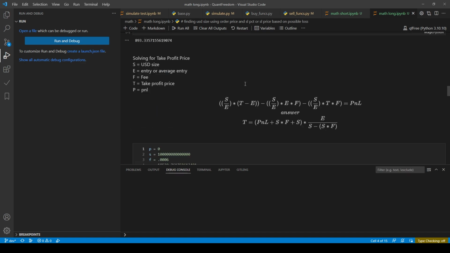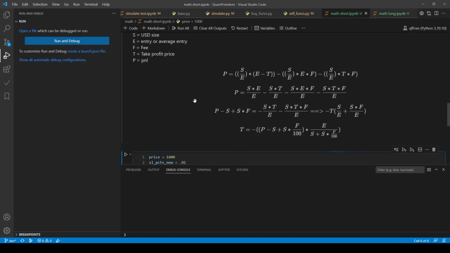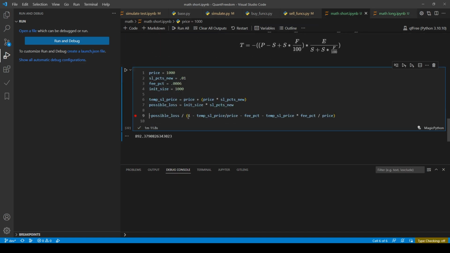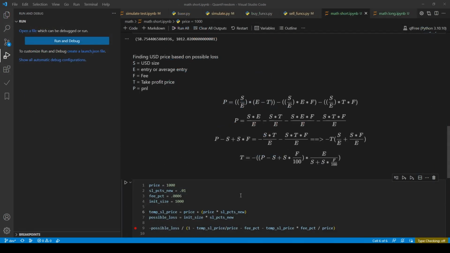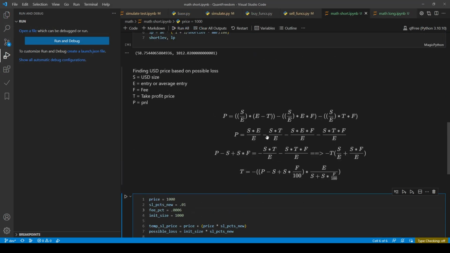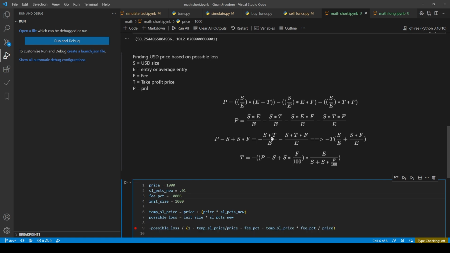Anyways, so this works for short. And I'm just wondering, what is the only difference between this and the long? But anyways, it works. Now I gotta put it over in the thing. So I changed this to reflect this.